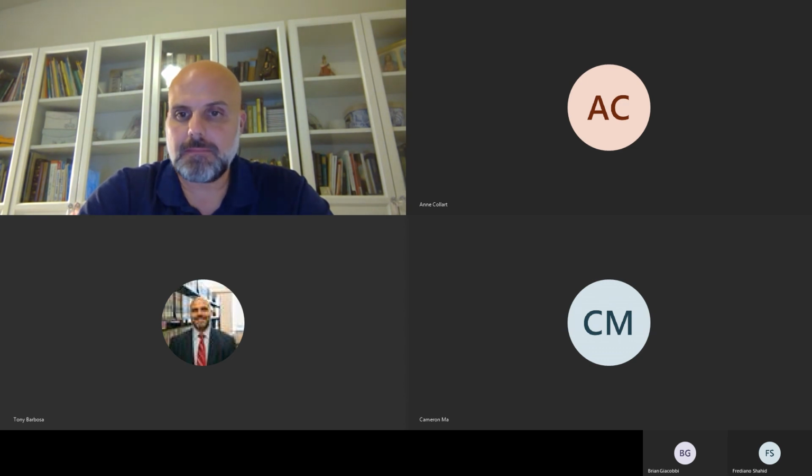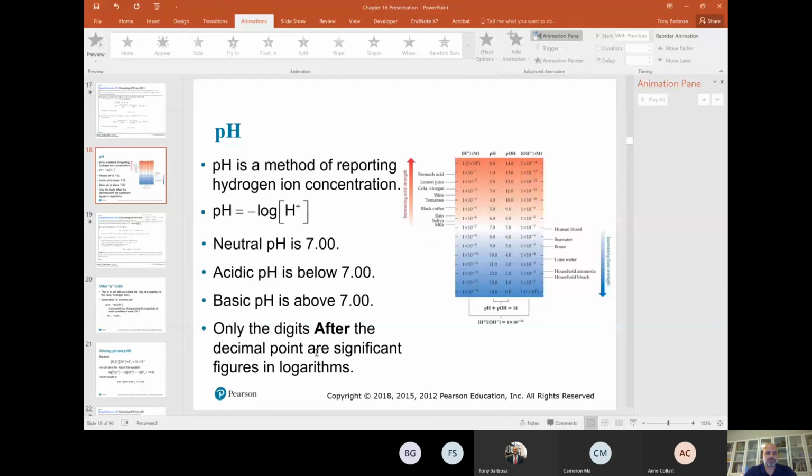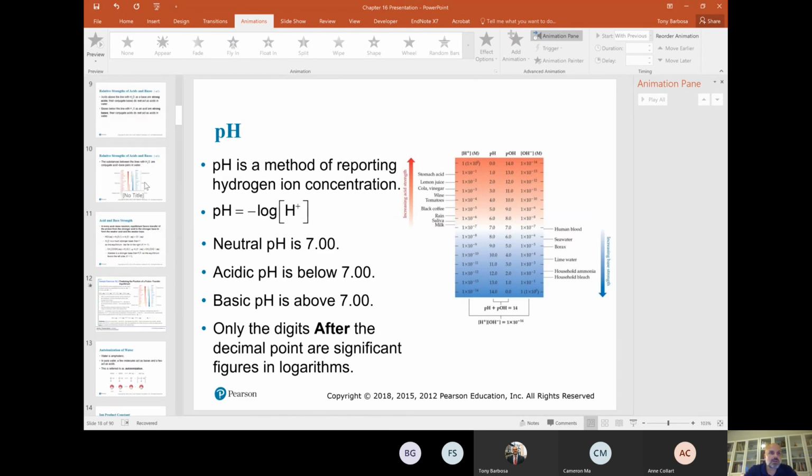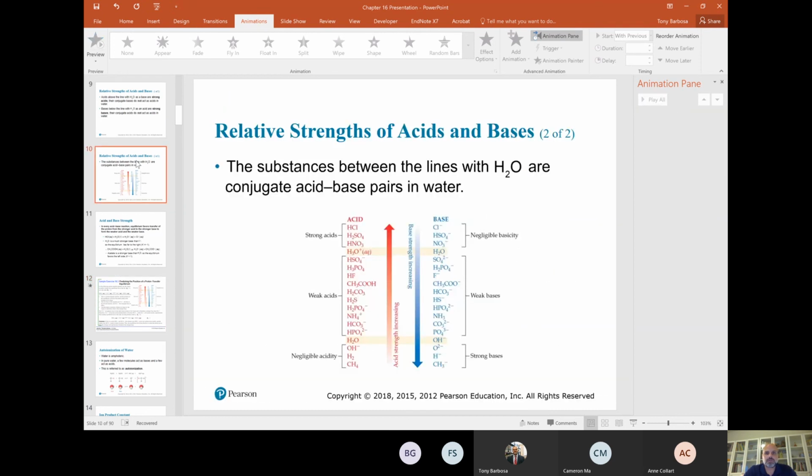Yeah, that's it. Talking about this one here. Not this one here, wrong one. Let's see if I can find it. This one here. Correct. Yeah, that's it.